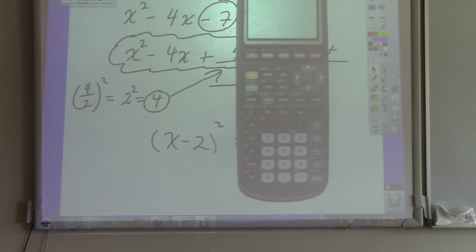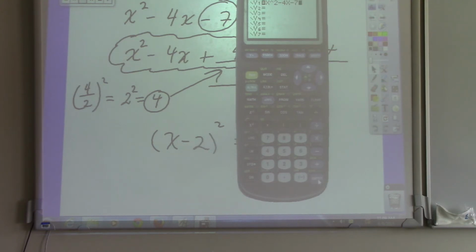Type in graph y is equal to x squared. Notice I didn't hit the squared button. I hit x right here, caret symbol, 2, minus 4x minus 7.